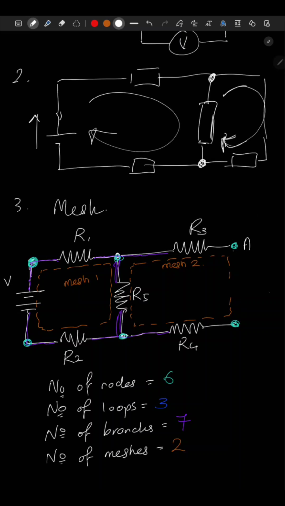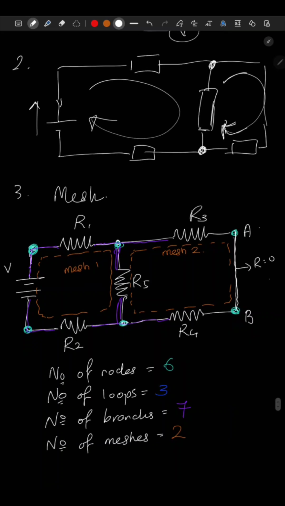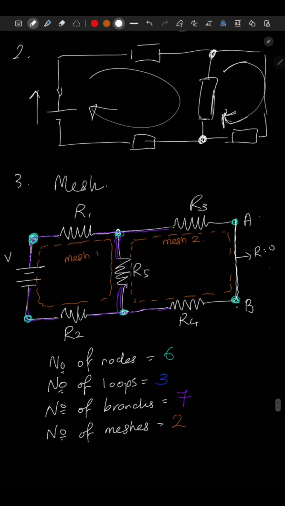Let's call them terminal A and B. If now this resistor R6 is replaced by an ideal wire with no resistance, it is just a wire, the resistance is 0, then there is a short circuit between the terminals A and B.